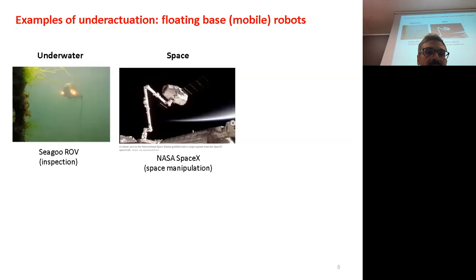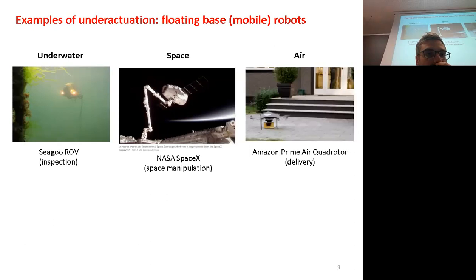A space robot, which is floating in space, again with propellers, can move around and it can have joints. The quadrotors, the drones, are also floating-base robots for the same reason as the underwater robot.